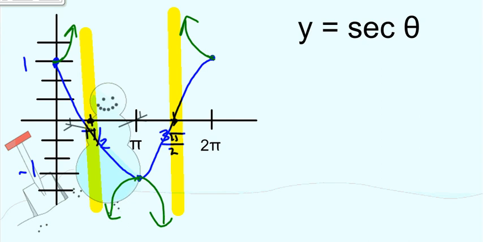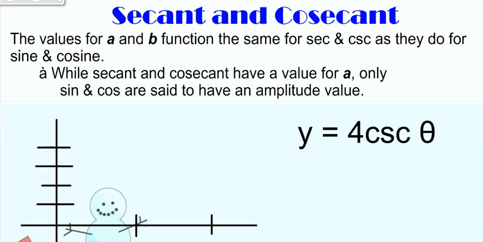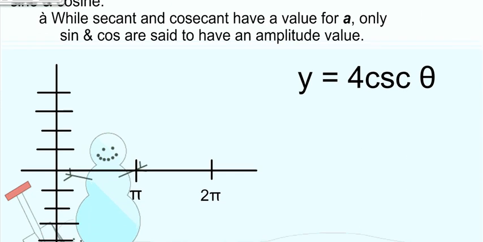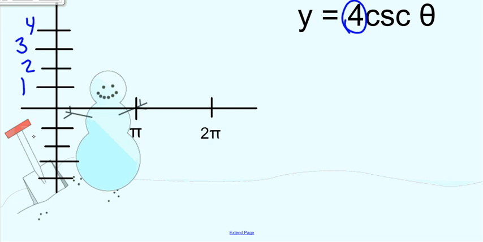So let's look at it with some amplitude and period changes. Here all we have that's changing from our graph is the amplitude. Sorry, the period would be next to the theta. So we have an amplitude of 4. So 1, 2, 3, 4, and -1, -2, -3, and -4.